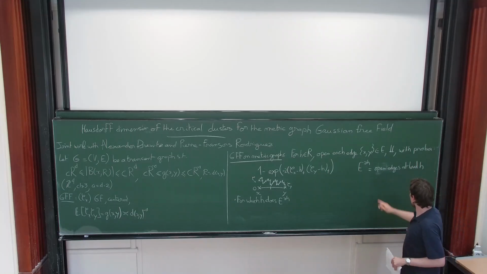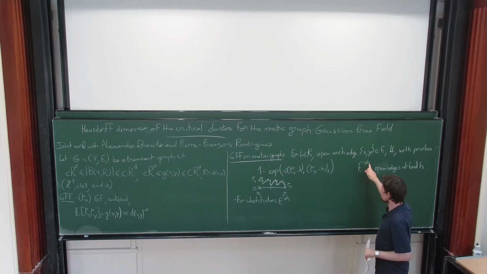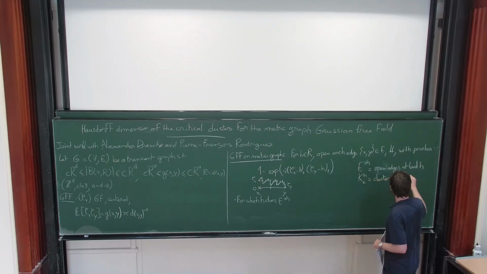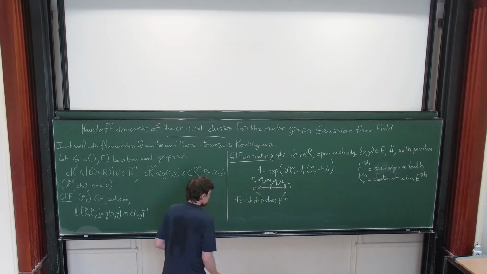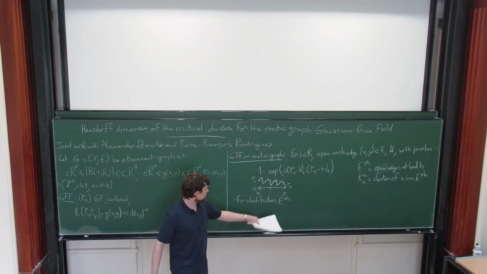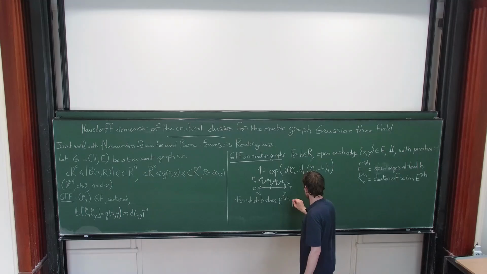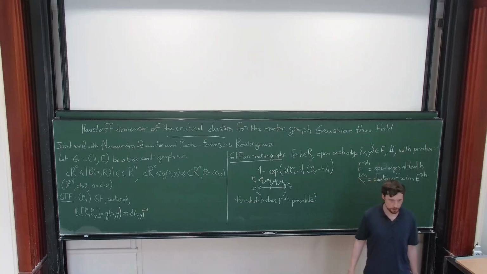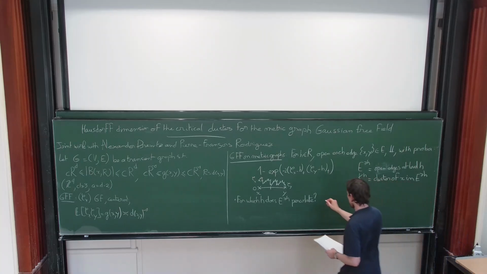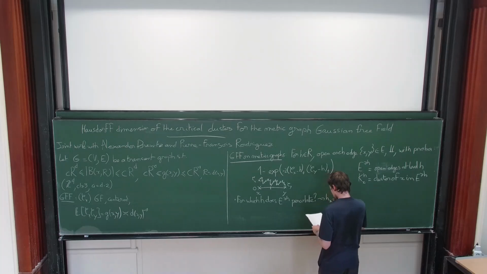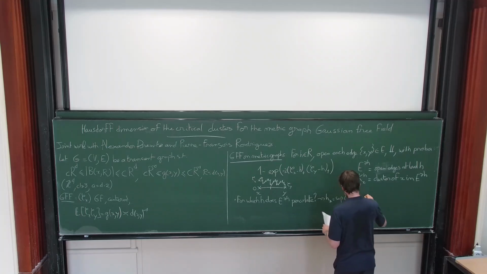And so which depends on this parameter h, and let me call K_x^h the cluster of x in my level set. So percolation question, you want to know for which h does my level set percolate, meaning I have an infinite connected component. Okay, so you have critical parameters to that, so I need to be careful about in which order this is.